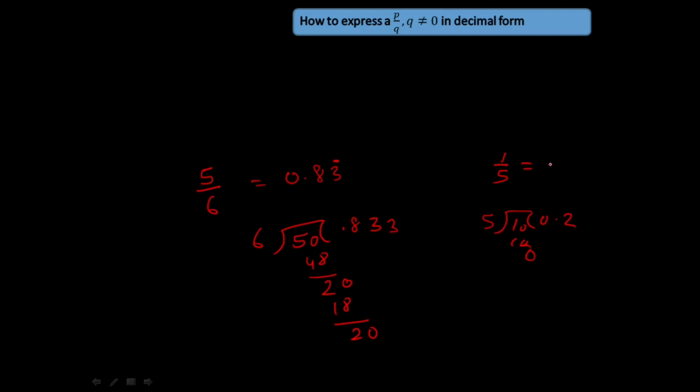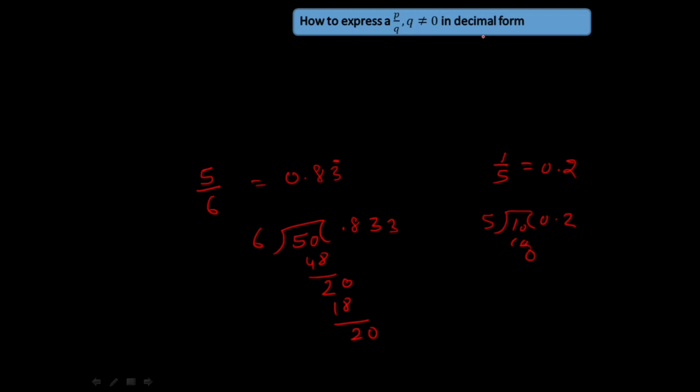So 1 over 5 is nothing but 0.2, that is the converted decimal form. So what is this concept? How to convert. I'm just telling you the concepts only. The practice, the examples we will be taking later in the upcoming videos. So what is this concept? How to convert P over Q form in decimal form.